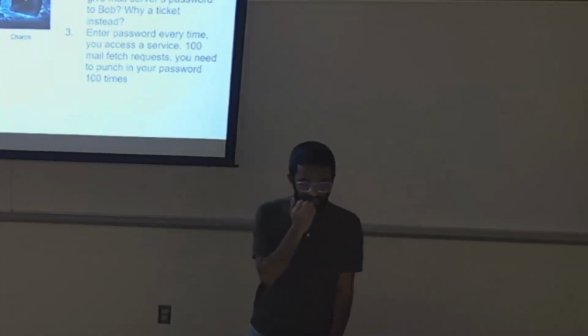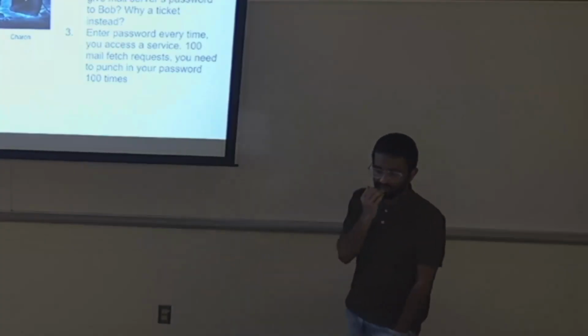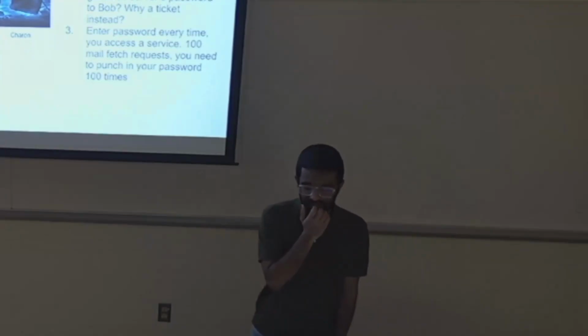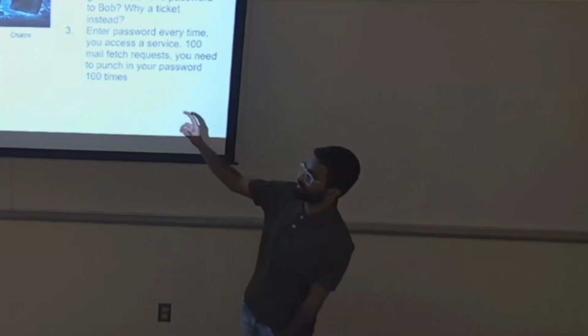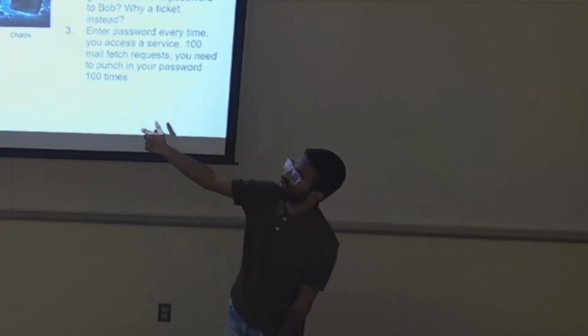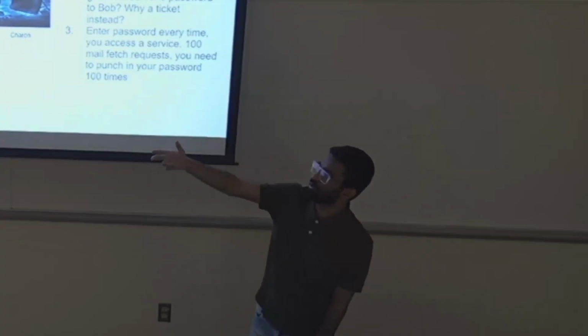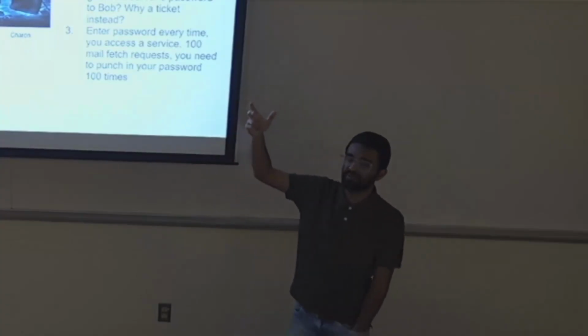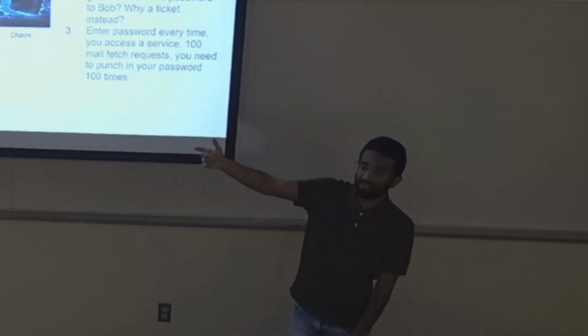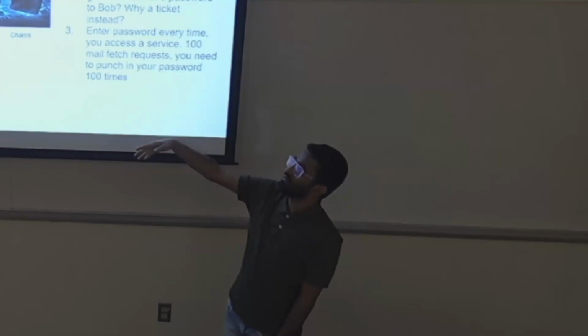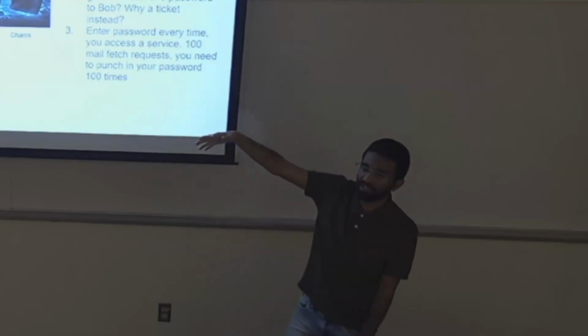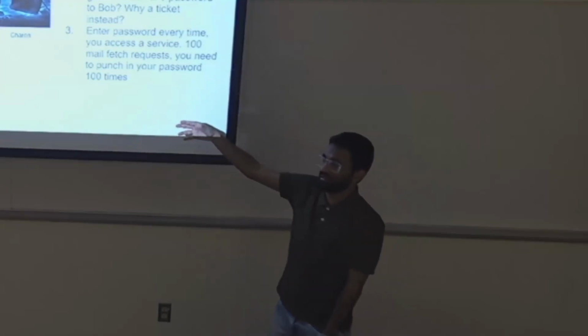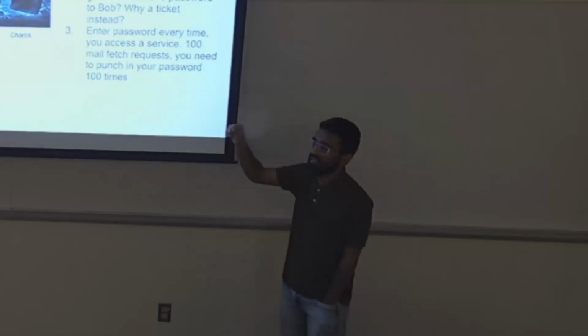And then one very important point that we have to discuss over here is that instead of giving the ticket, why can't Sharon just give Bob the password to the mail server? Once it gets the password to the mail server, it can just make a request to the mail server with its password, and then it can authenticate itself.